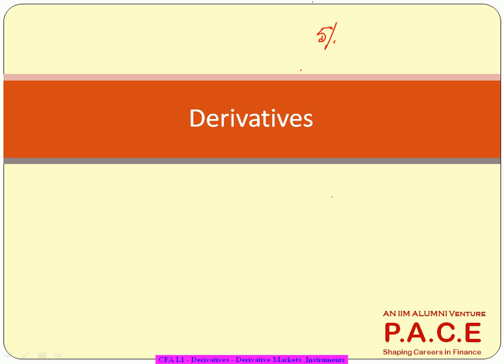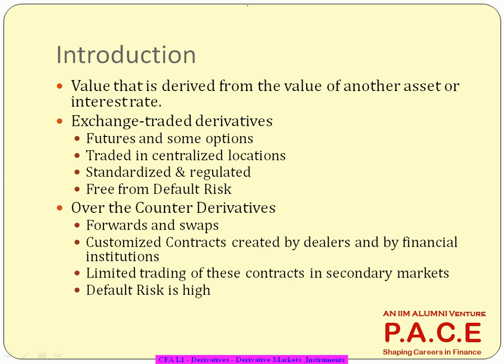So the first one, see, as a simple thing, if I have to understand, apart from keeping the definitions and all aside, the simple way to understand derivatives is I want to buy or sell something, not today, but sometime in future. Any buying or selling that happens at some future date, but with the price fixed today.